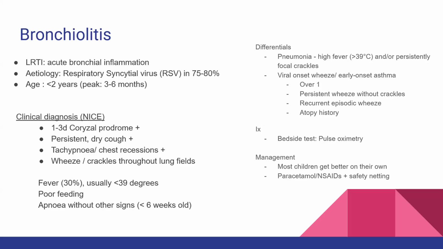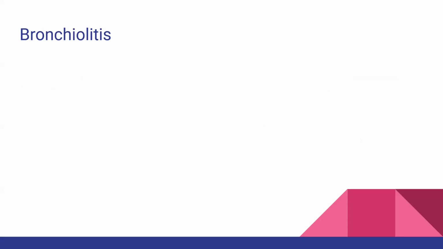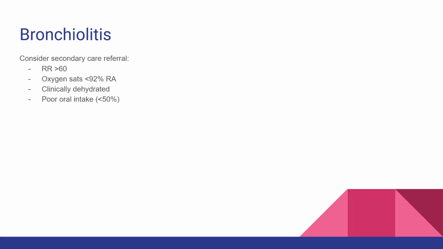But if they are showing signs of respiratory distress, you might want to think about not just sending them home with safety netting, obviously. So if their respiratory rate is really high, or they're not maintaining good sats, or, because poor feeding is often associated with it, if they're looking dehydrated, you're going to want to bring them in.